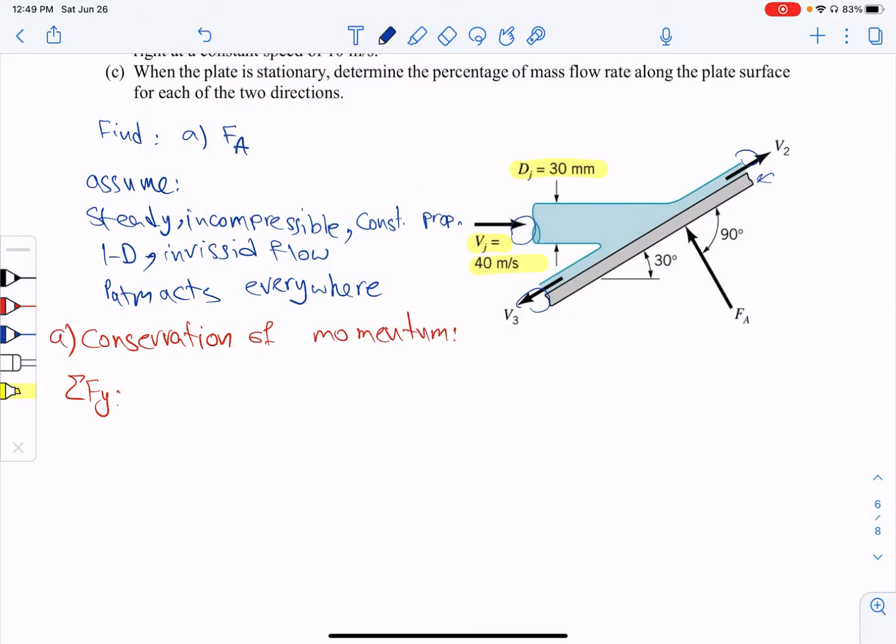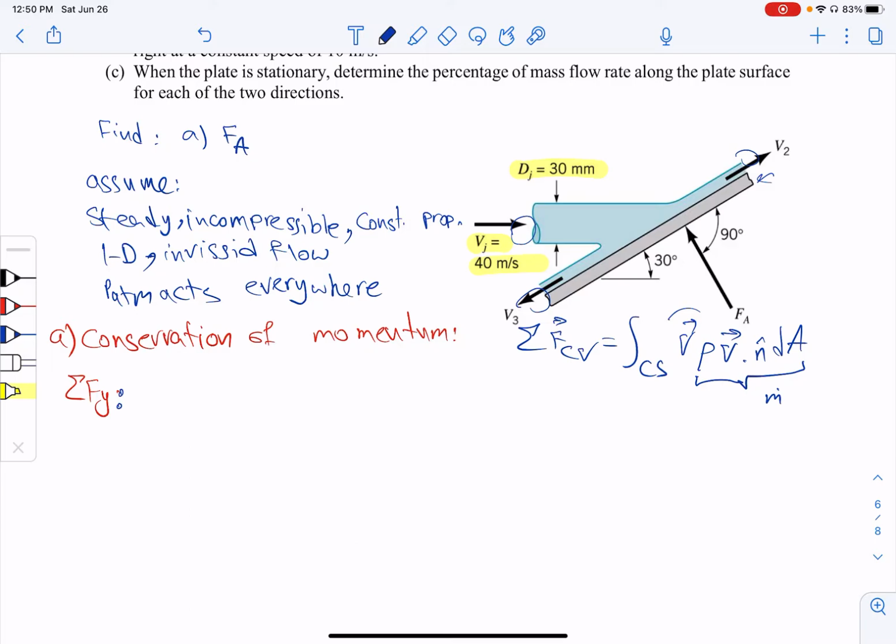Because it's a steady state, the first term is going to be 0, and now I'm going to write it down for the y direction. Let me write down the complete one after considering steady state. This is the formula for conservation of momentum after we consider steady state. This is m dot, as we know, and this is velocity, whose direction depends on the direction of the velocity.